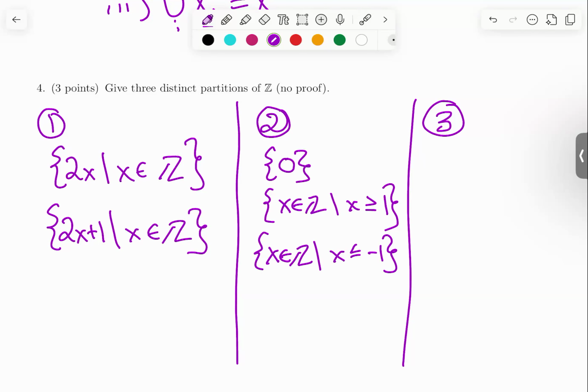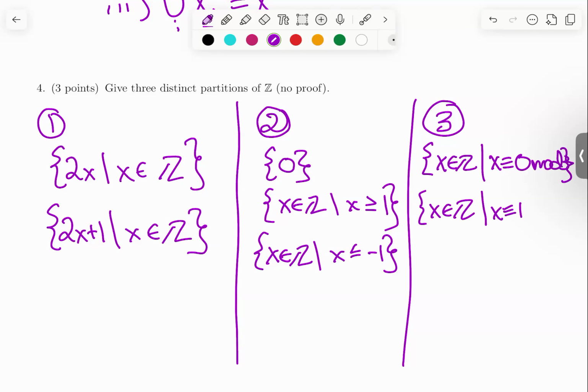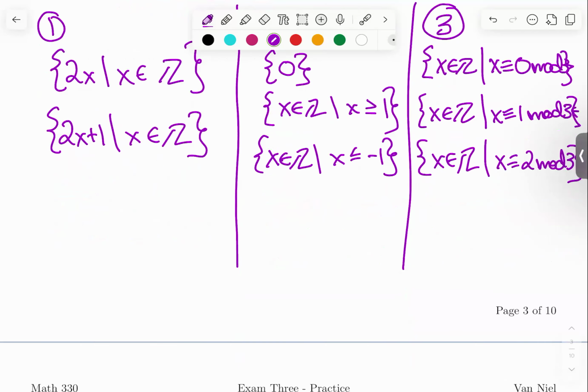I could just do the integers. How about I do x in the integers such that x is 0 mod 3, x in the integers such that x is 1 mod 3, and x in the integers such that x is 2 mod 3. Okay, here's 3 examples. You come up with a whole bunch of other ones.